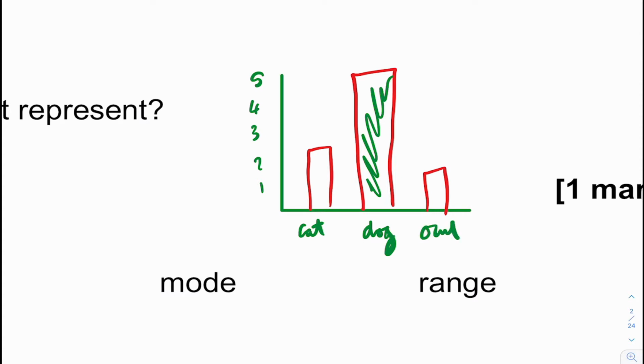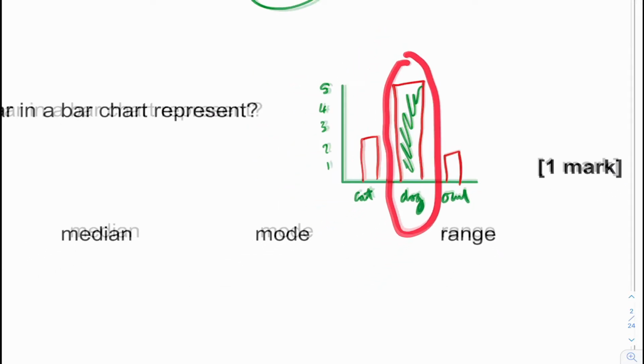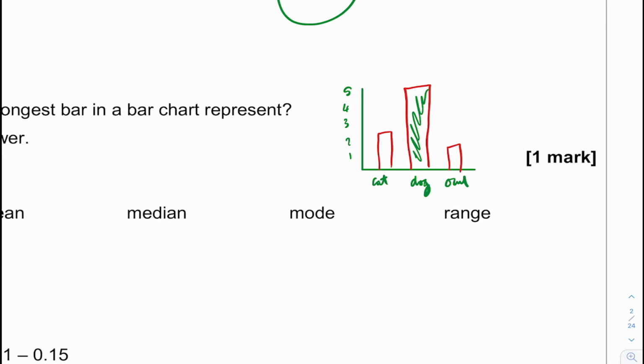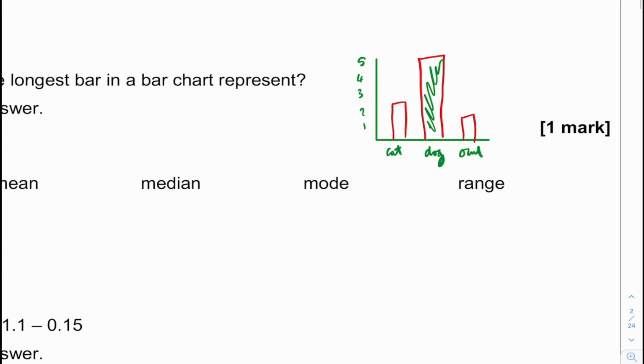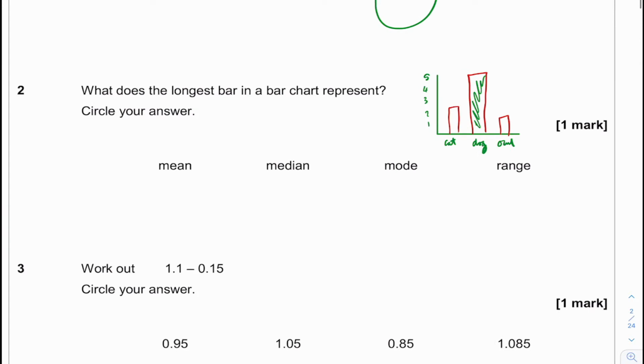We can see that this column here is the largest because it's got the most number of dogs spotted in a day, and this number is actually the mode, because this is the data value, dogs, that occurs the most frequently at roughly 5 times, whereas the others are less. So the answer is the mode.